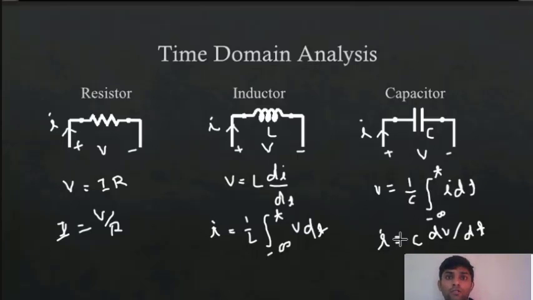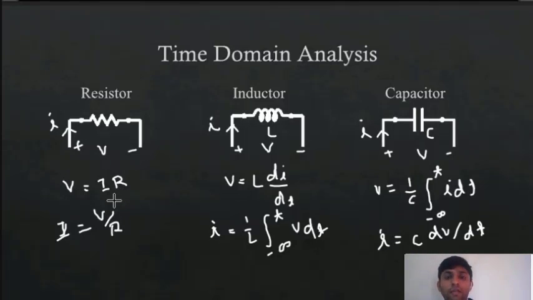With these equations of current and voltage across the resistor, inductor and capacitor, we can get some properties of these elements. And what could those properties be? You can observe that in a resistor, if you are finding voltage or current, it only depends on the resistor.